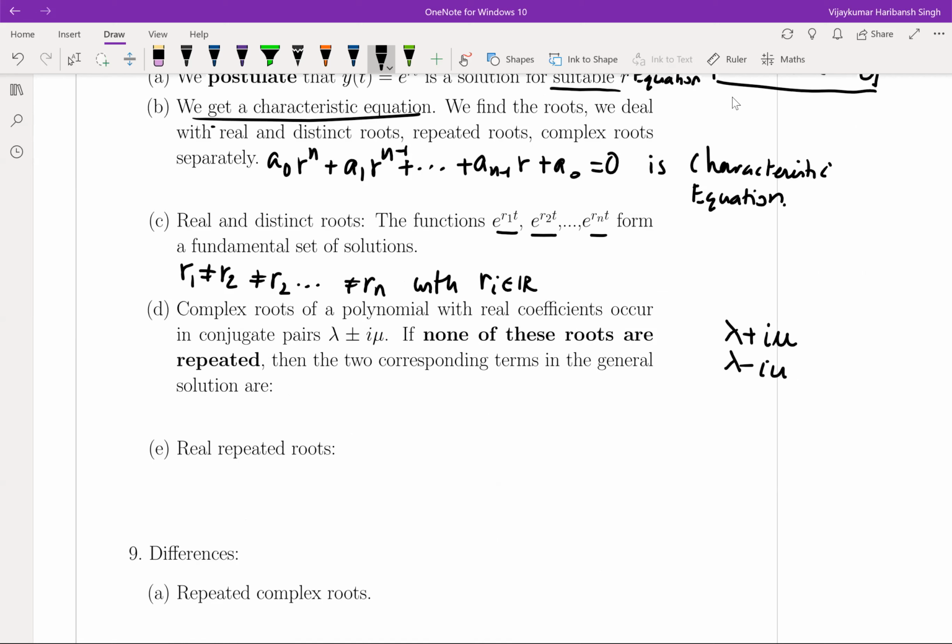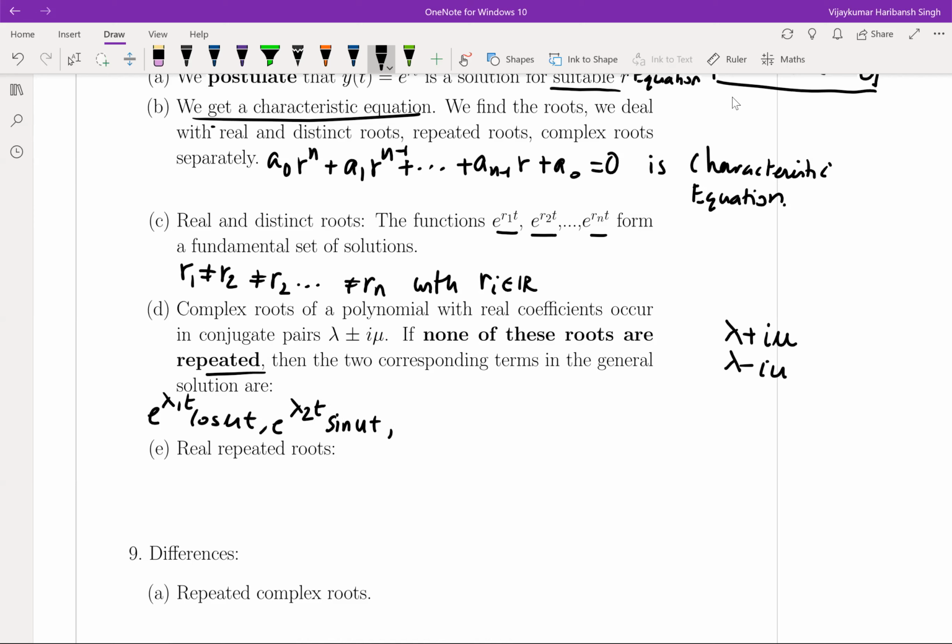Now, if none of these are repeated, then the two corresponding terms in the general solution will look like e to the power lambda1 t cos of mu t and e to the power lambda2 t sine of mu t.